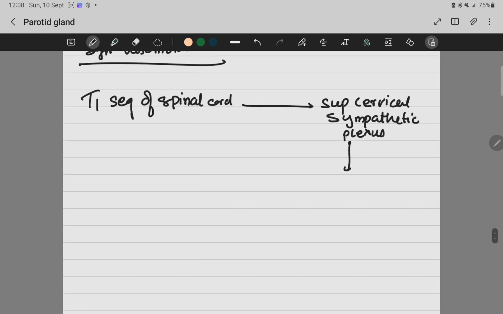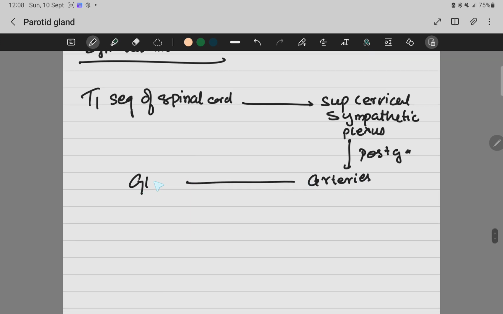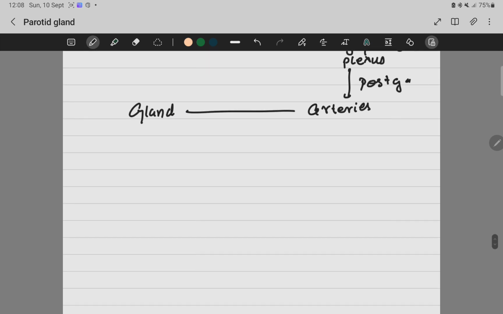Then the postganglionic fibers start from there, and they run along the artery, and then supply the gland. The third is the sensory, which is the auriculotemporal nerve and the great auricular nerve.